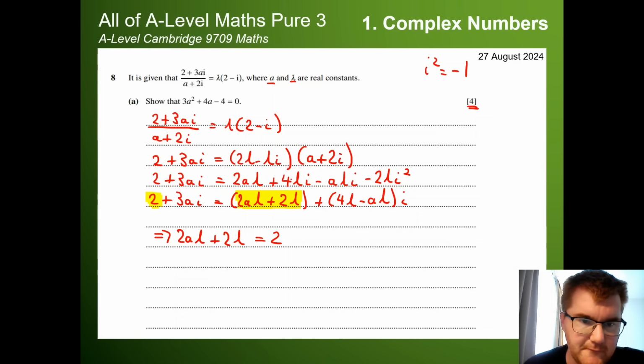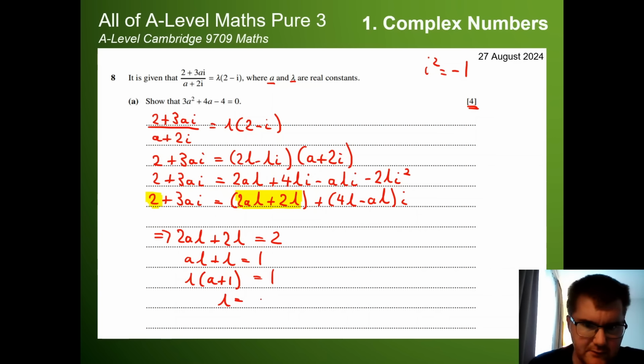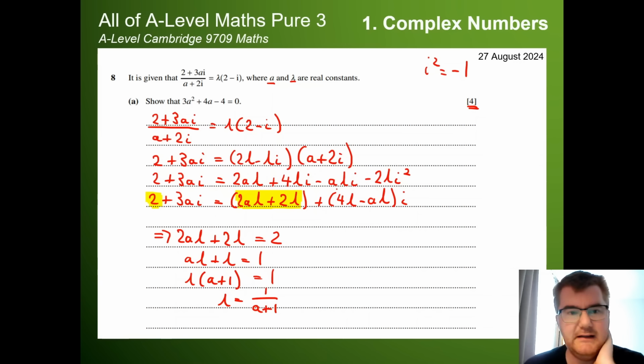This is fairly straightforward to deal with. We can cancel through by 2, so we get a lambda plus lambda is equal to 1. Factorize out the lambda, gives us this, and that means then that lambda is equal to 1 over (a plus 1). Okay, that's going to be useful a bit later on.